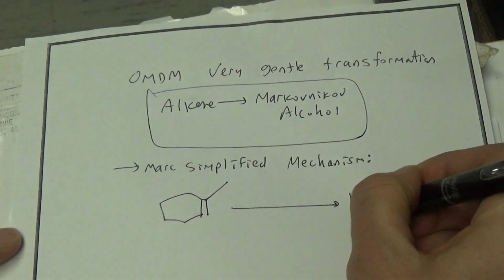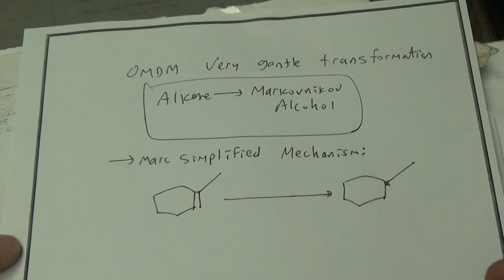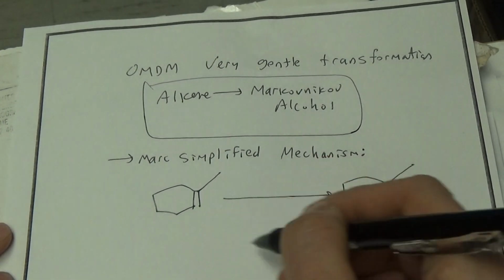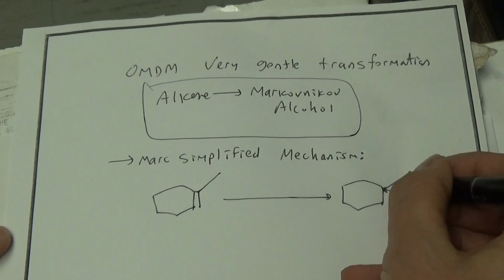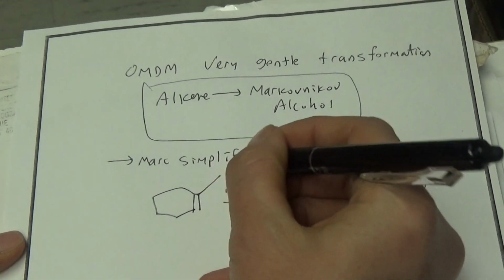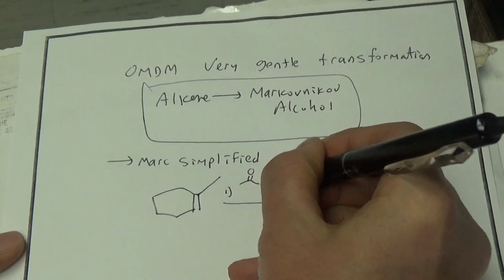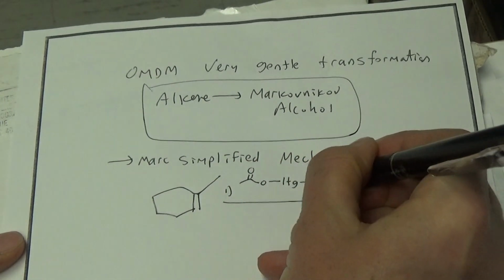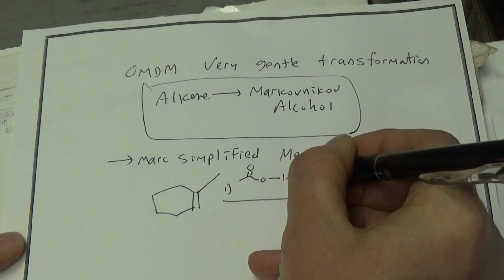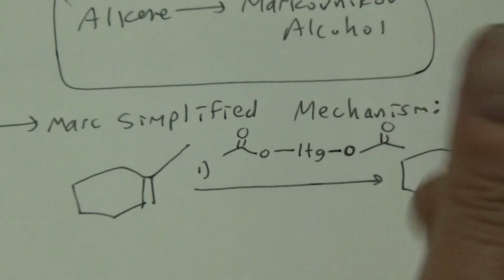Alright, what's the Markovnikov alcohol of this product? Where's the OH? It's right there. Okay, so for mercury acetate, the structure is O, Hg, O. So it's mercury, and these things are called acetate groups.